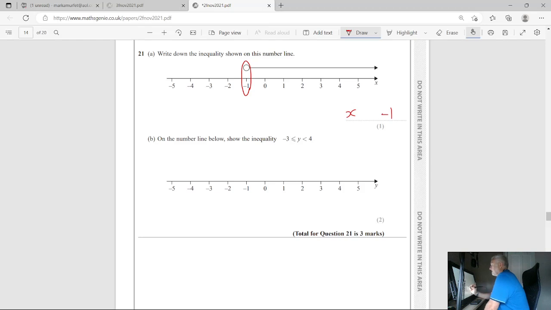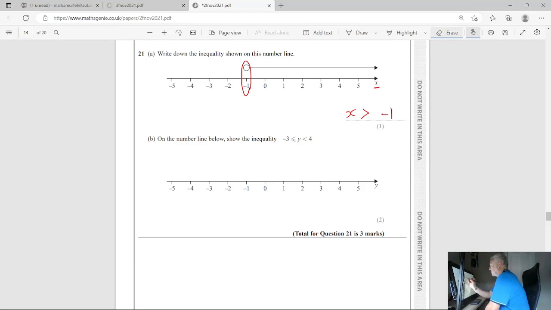So x must be, okay, there's my x. So x must be bigger than -1. Now, if that was a filled in dot, it would be bigger than or equal to. Okay, so the rule on this one is, if it's not a filled in dot, it's only the crocodile saying x must be bigger than -1.